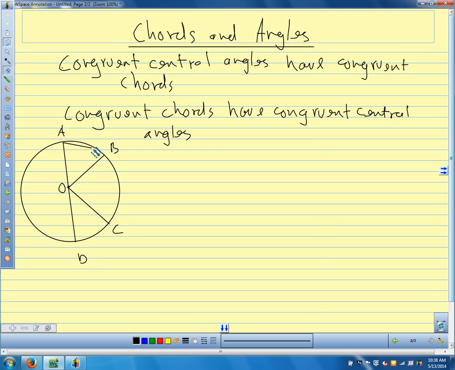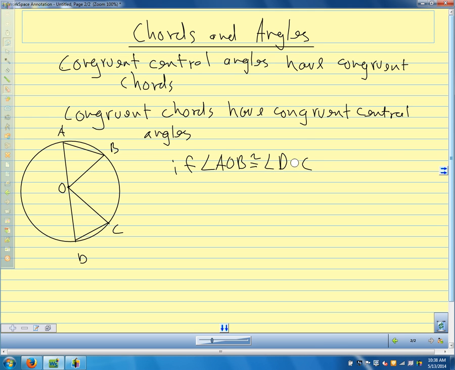So our chords connect these pieces here. And we're saying if our angles are congruent, so if angle AOB is congruent to angle DOC, then our chords are congruent. Segment AB, chord AB, is congruent to chord DC.